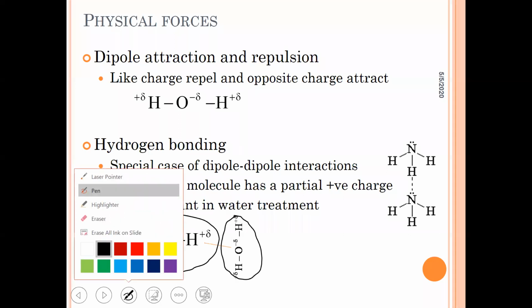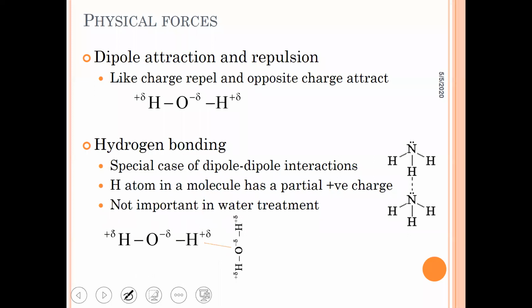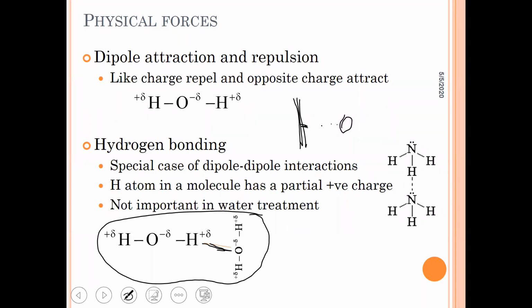It is important, but this kind of bonding is not that important in water treatment, because the hydrogen bonding among water molecules is stronger and more abundant than any bonding a surface can have with the adsorbate.